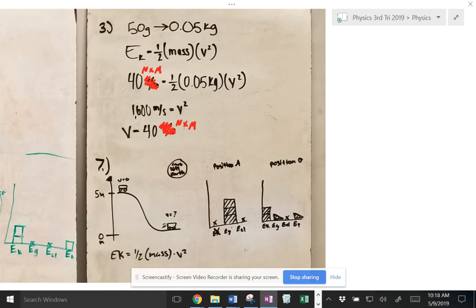And then this question about the units on the 1600. Velocity is in meters per second. Is it equal to velocity squared? So what would the units for velocity squared be? That'd be velocity times velocity, so meters squared per second squared.